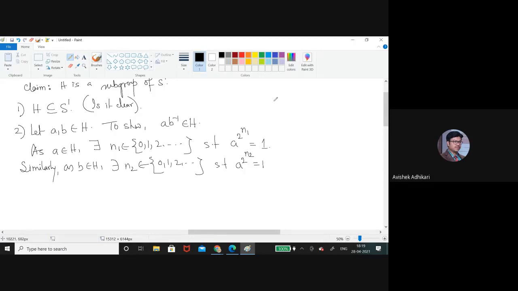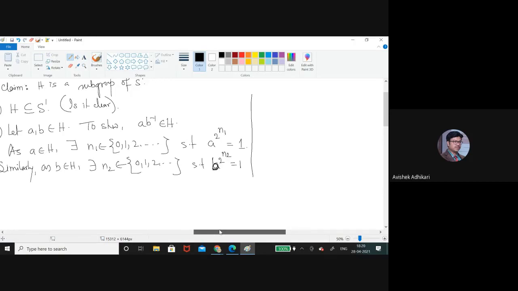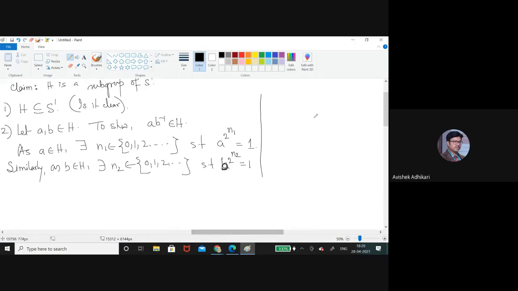For example, side by side, you can think in that way. That will help you in understanding this. Say n1 equal to 2 and n2 equal to 3.